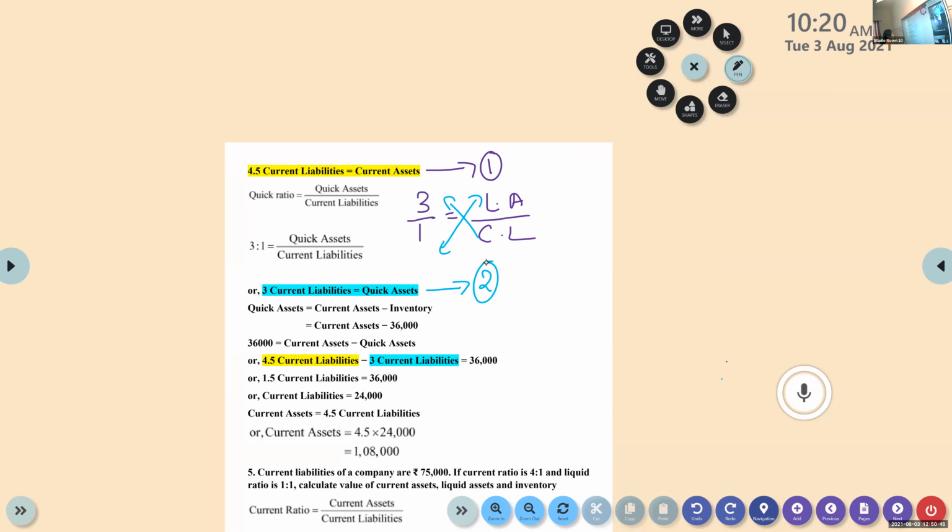Now in the question we are given inventory. Inventory is given 36,000. We know that quick asset, how to find out the liquid assets? Liquid asset is equal to current assets minus inventory. Yes, liquid assets, or you can say quick asset, is equal to current asset minus inventory.